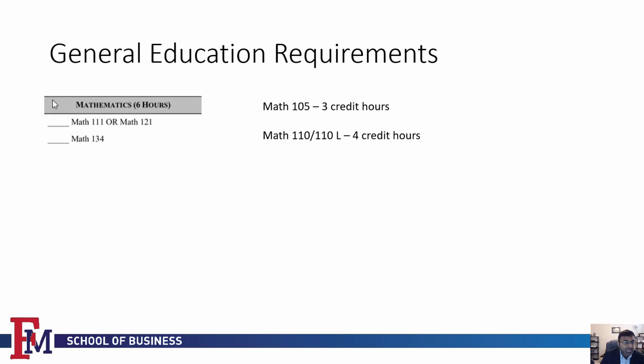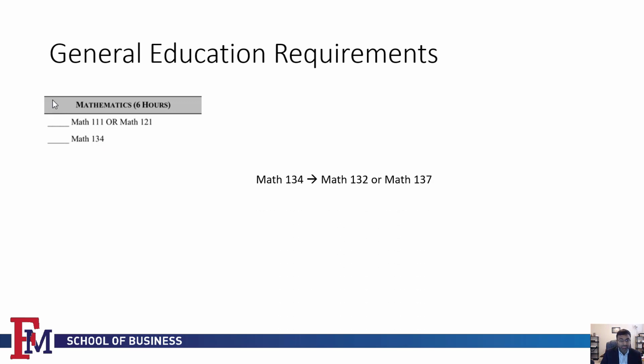If you are placed directly in Math 111, the next math you're going to take is Math 134. On the other hand, some of you might be placed directly in Math 134, in which case you will take Math 132 or Math 137.